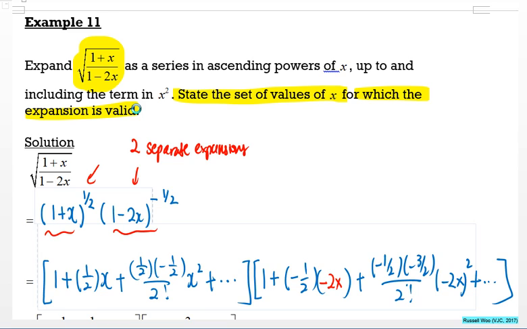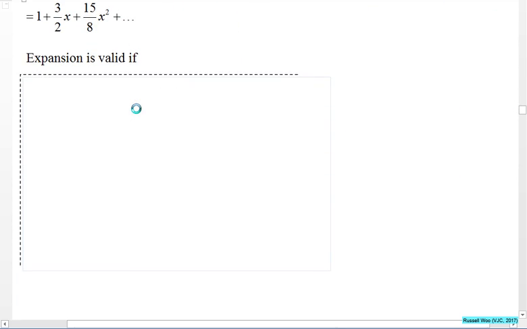Not one, you have two. So the expansion is valid only if mod x is less than 1 and, not or, mod negative 2x is less than 1.